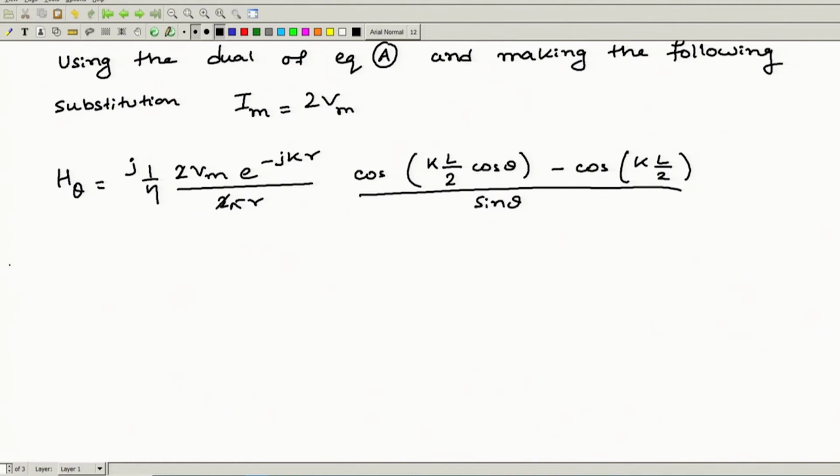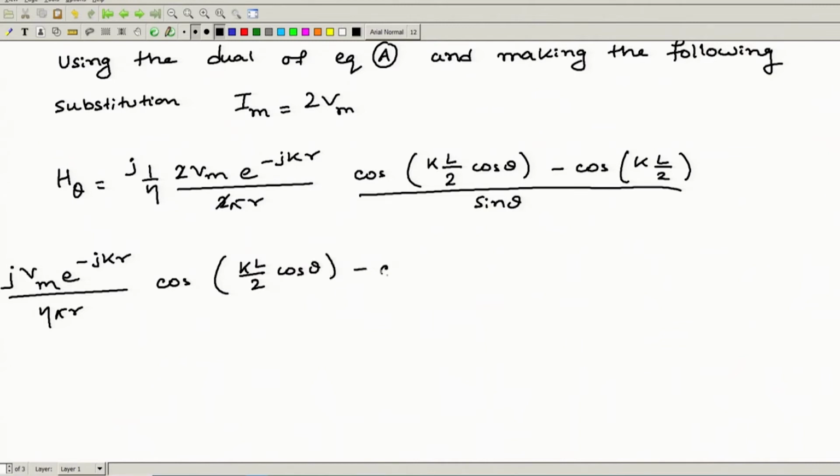We can write H theta equals j Vm e to the power minus j k r upon eta pi r, cos of k l by 2 cos theta minus cos of k l by 2, upon sin theta.